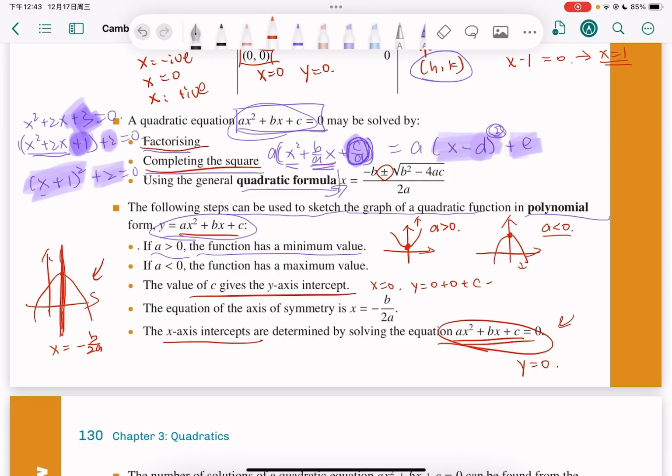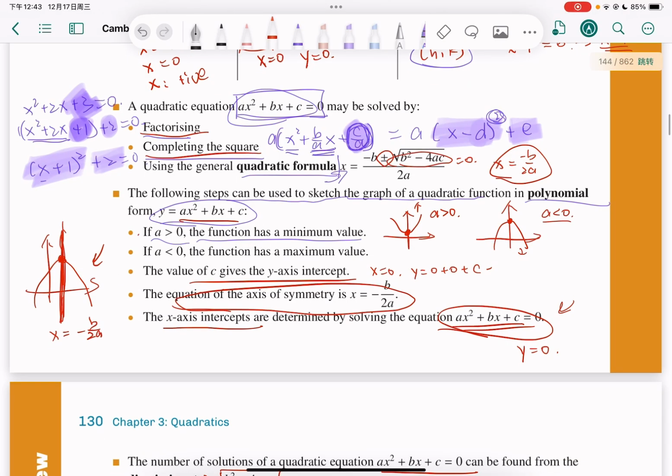And if b squared minus 4ac is equal to 0, then the plus and minus does not matter. So the solution directly becomes x equal to -b over 2a, which is just the turning point, because this is the equation of the axis of symmetry, and the axis of symmetry passes through the turning point.